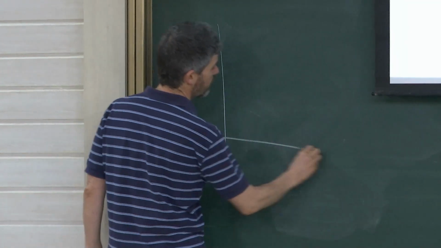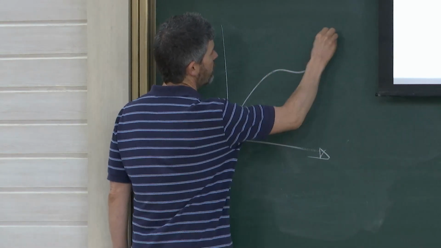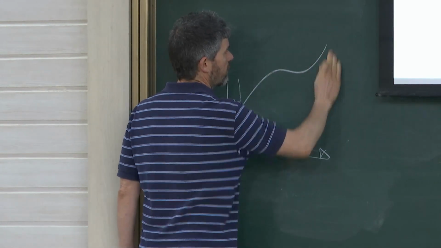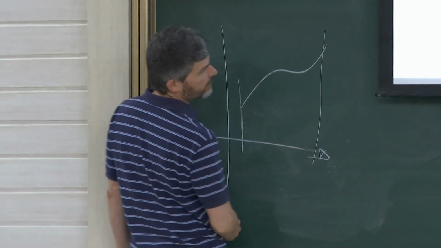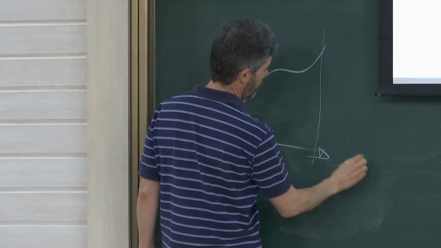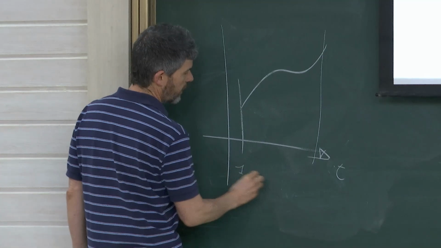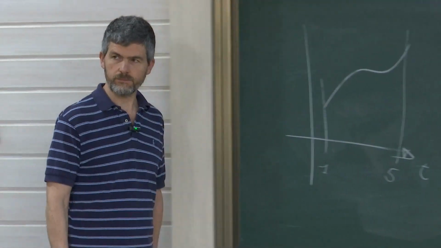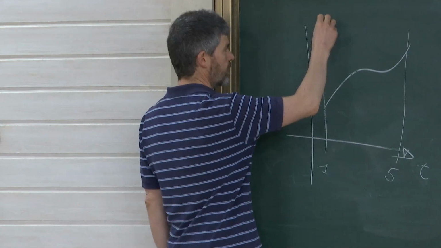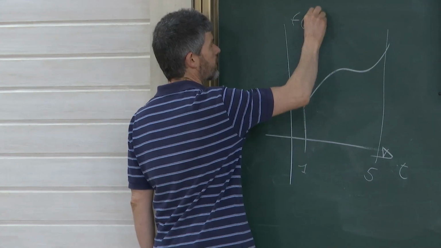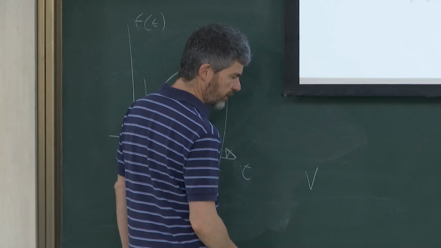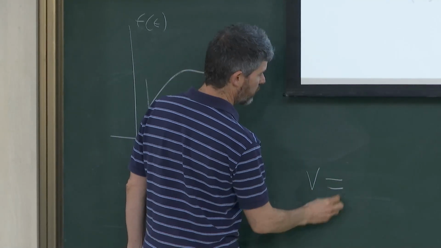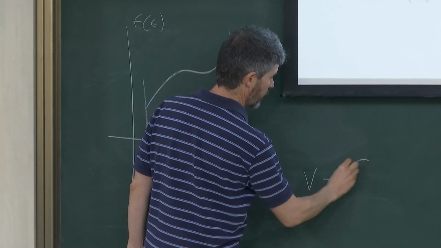So if you had this function like this, with this lower bound, this is the argument, let's call it t, from 1 to 5. And this is the function over t, and you had an auxiliary variable v that you want to be equal to f of t.